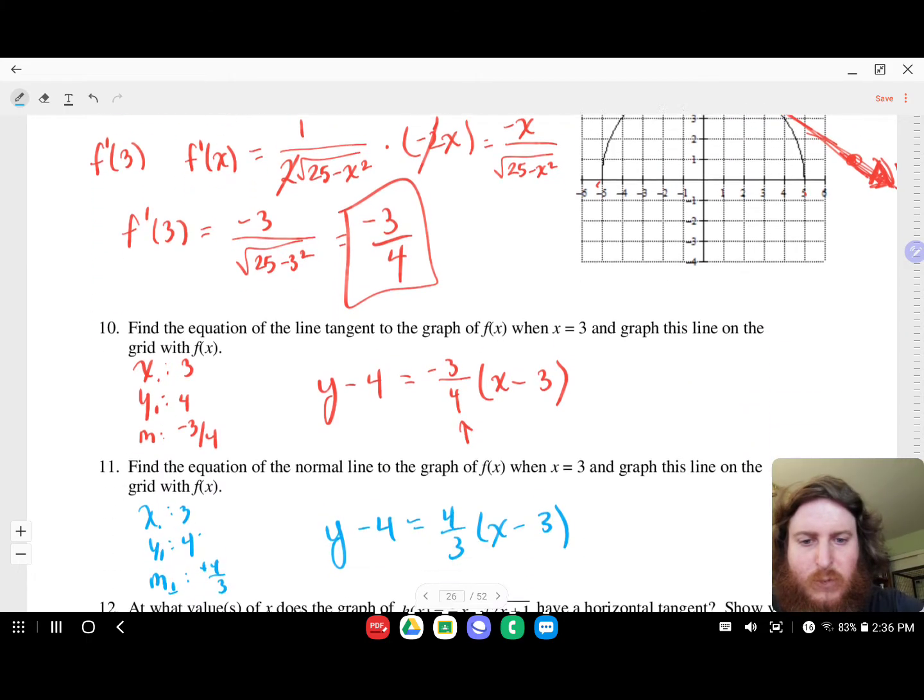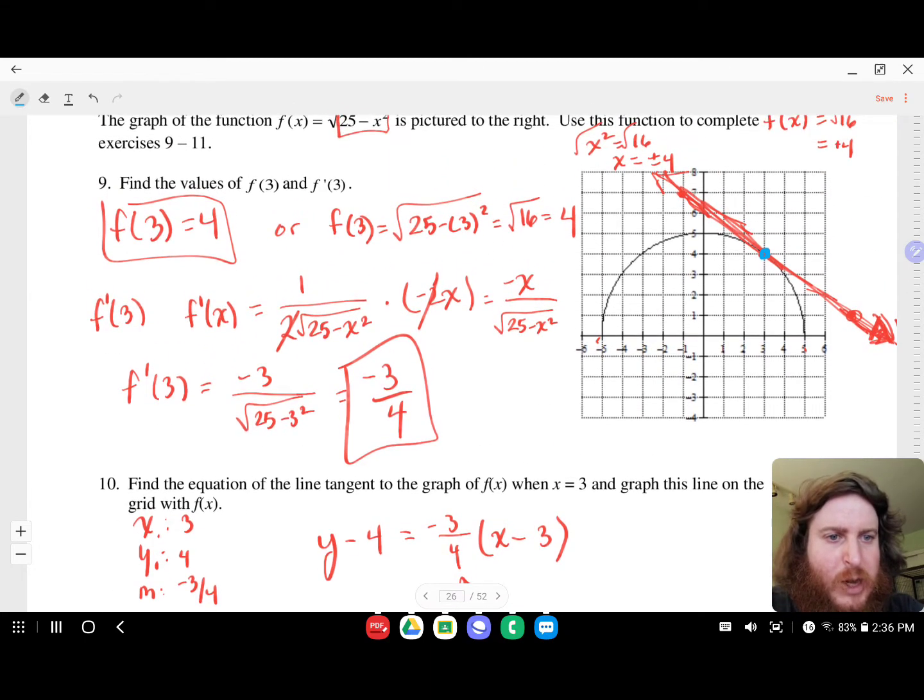Right? It's up 4 over 3. I think I did that backwards. So up 1, 2, 3, 4 over 1, 2, 3. Yeah, I had it graphed wrong. Down 4 over 3. So that's where the point should be. And so that's kind of a good check on yourself, is make sure that it actually looks perpendicular. Now it does. So there's our normal line.